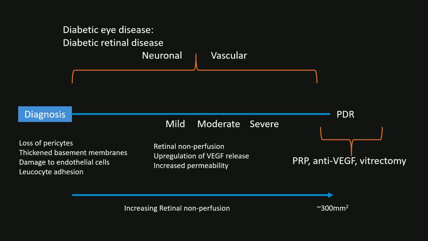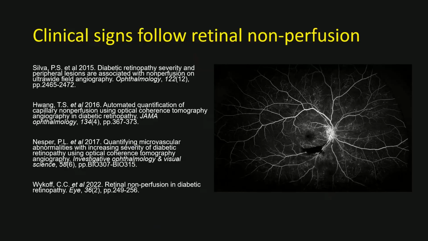And when the non-perfusion reaches a threshold of about 300 millimeters squared, that is when proliferative retinopathy can occur. So the progression of the visible signs of diabetic retinopathy follow the development of retinal non-perfusion. Here are a few of the many references which are related to this finding.